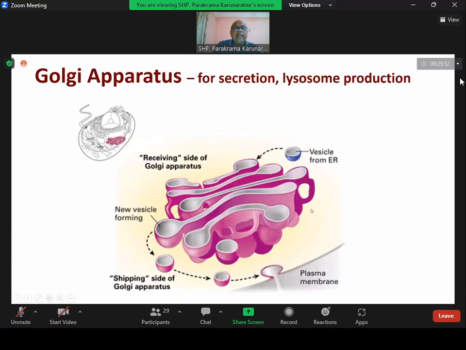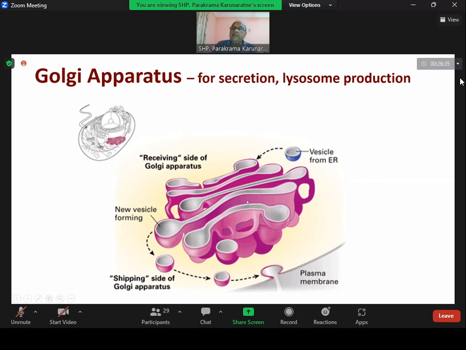Vesicles are coming from the endoplasmic reticulum with protein, and these come and join the Golgi apparatus and give it that protein. When we want to export protein, we send it to the Golgi body.